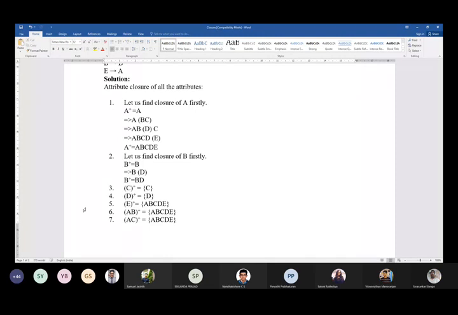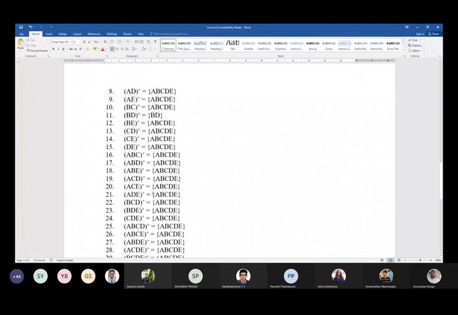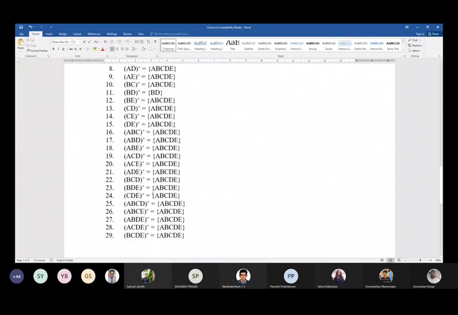Regarding the dependency preserving decomposition, if there exists some dependency between the attributes in the base relation, for example, A determines BC, or A determines E, and so on, the dependency should also be preserved in the decomposed relation, right? To check this dependency preserving property, we go for this closure property. So I hope you are familiar with the closure property of an attribute now, right?